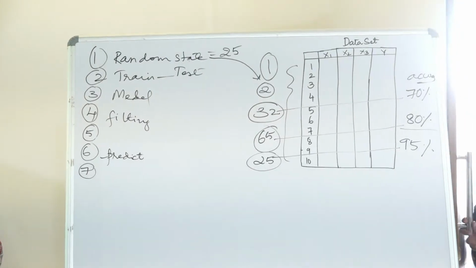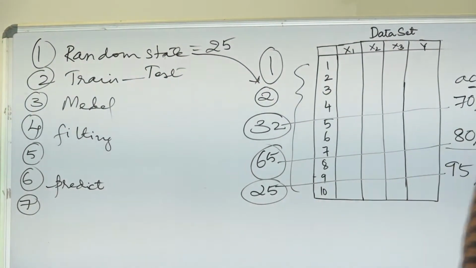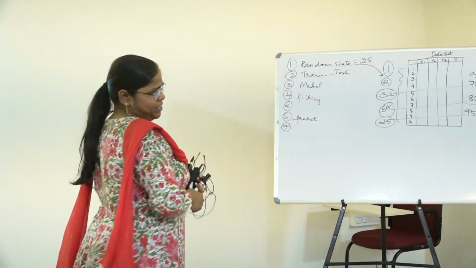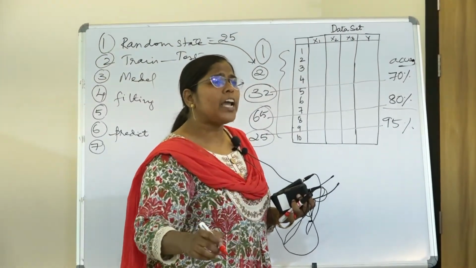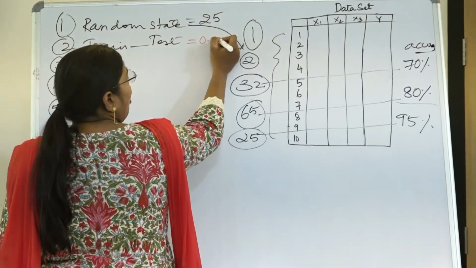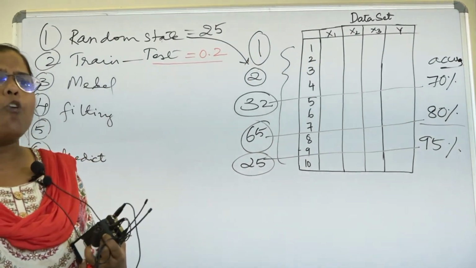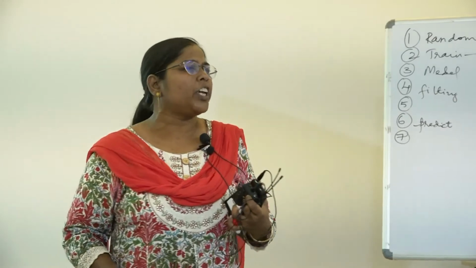When I prefer the random state, I can do one more thing which is our training and splitting. What is training and splitting? Out of 10, if I split the data set with a test size of 0.2, how many are training data and how many are test data?